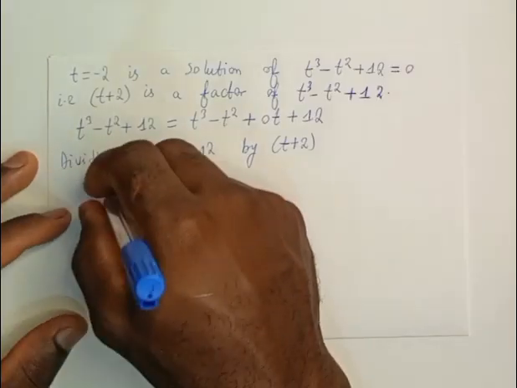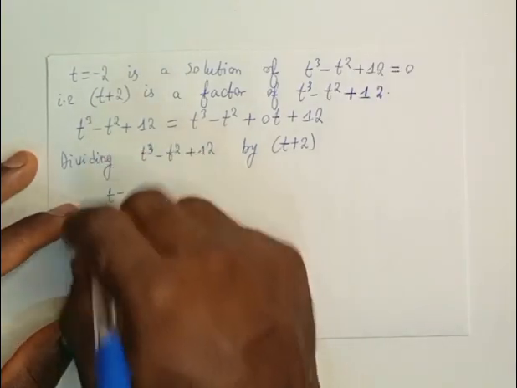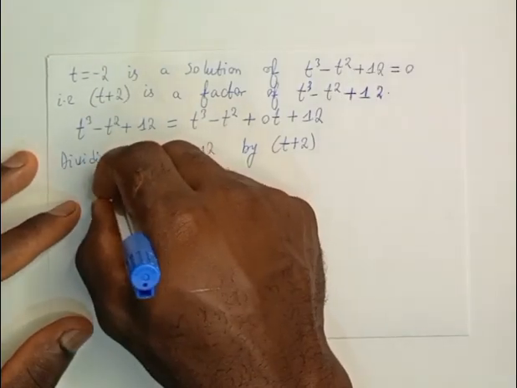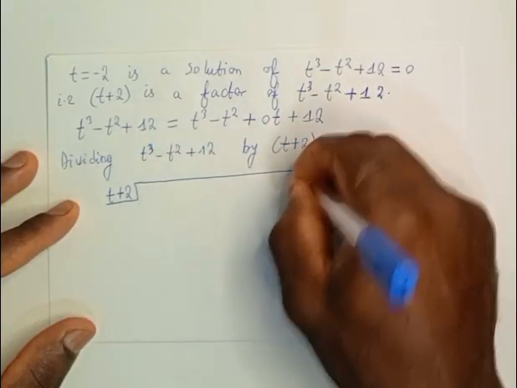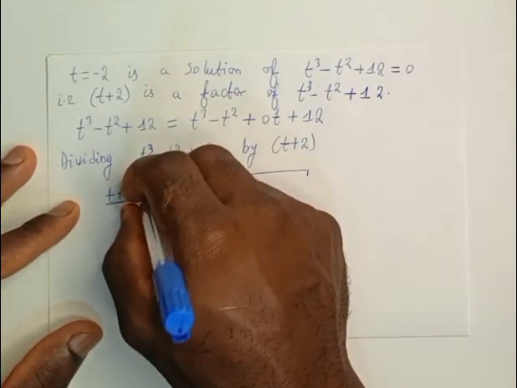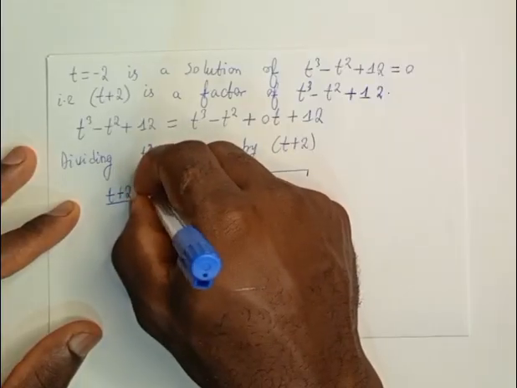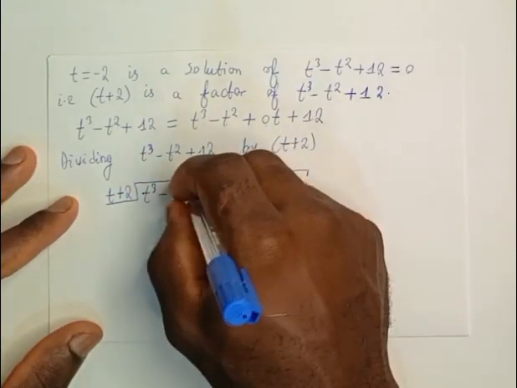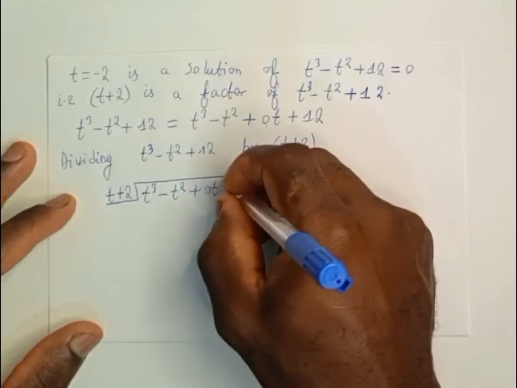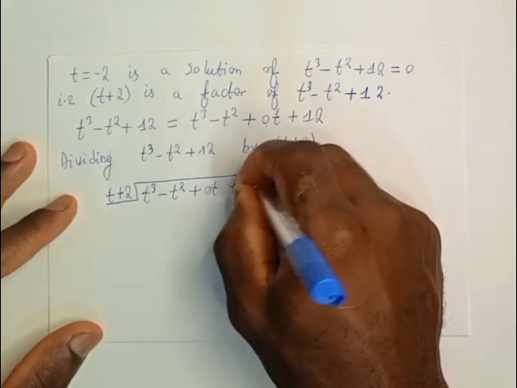Now let's carry out the division using the method of long division. t plus 2 goes out, and inside we have the polynomial t cubed minus t squared plus 0t plus 12.